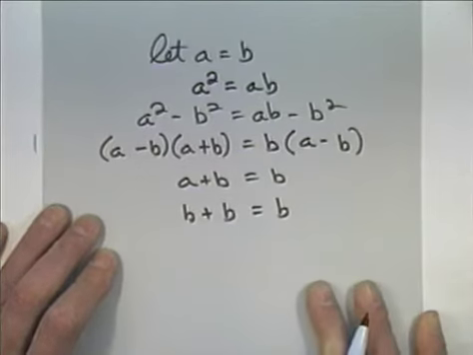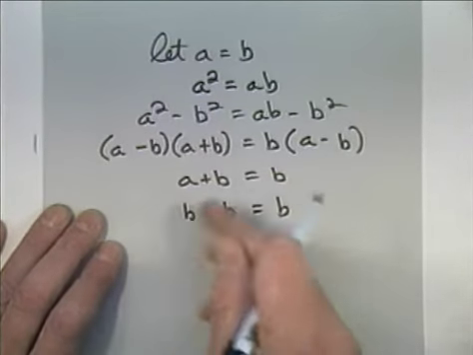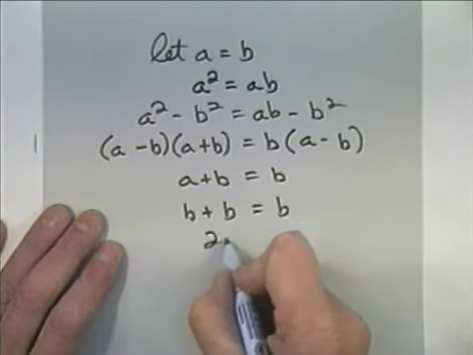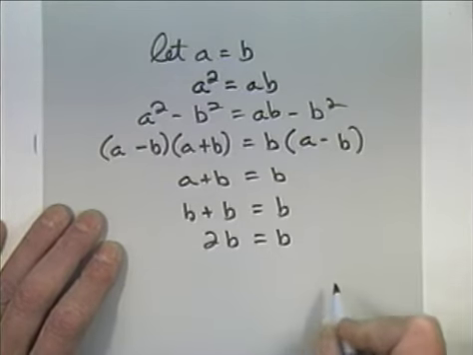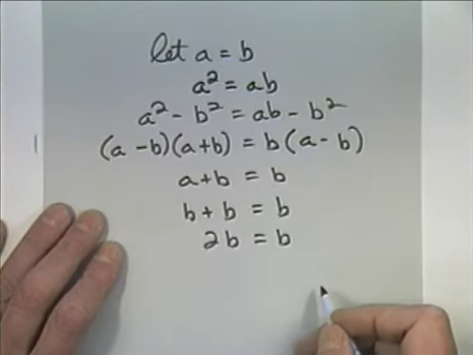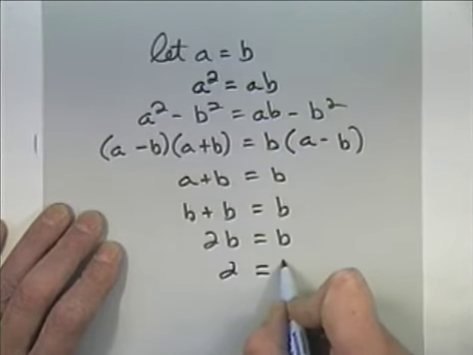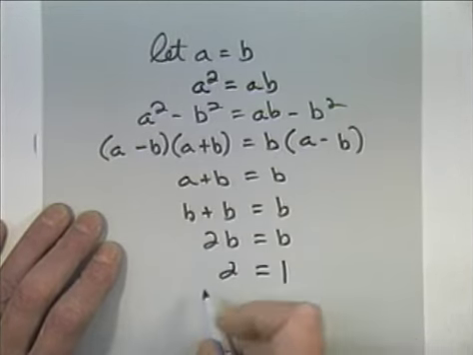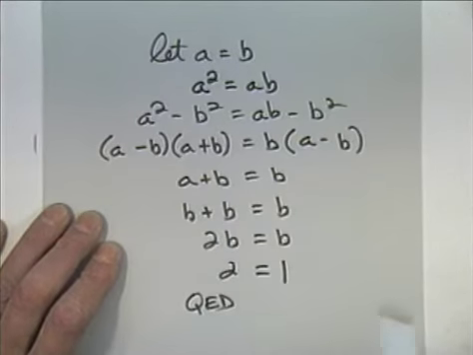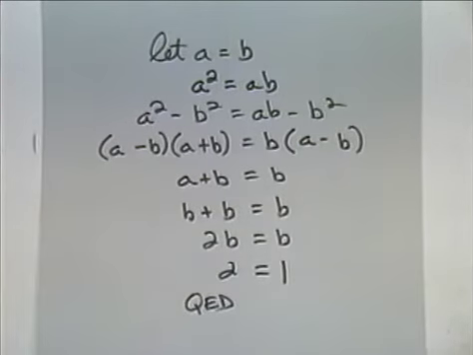B plus B equals B. Then we're going to just bring these 2 together. That's the same as 2B equals B. And finally, we're going to divide both sides by the same factor, and we get 2 equals 1. QED. So there's the proof that 2 equals 1.